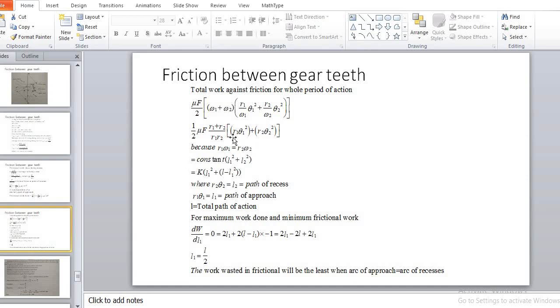For the two terms r1 theta 1 and r2 theta 2, we write r2 theta 2 equal to L2 and r1 theta 1 equal to L1.